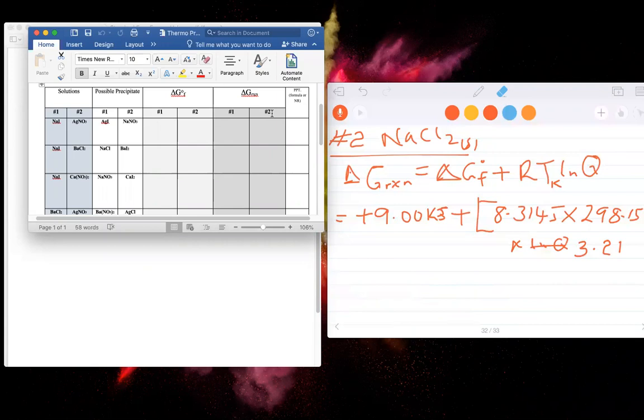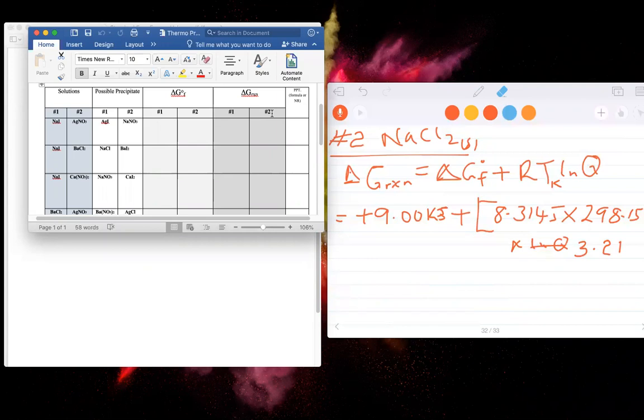Times 298.15, that is the temperature, times the gas constant 8.314. What I get here is 7,979.01, divided by 1,000 to change to kilojoules.